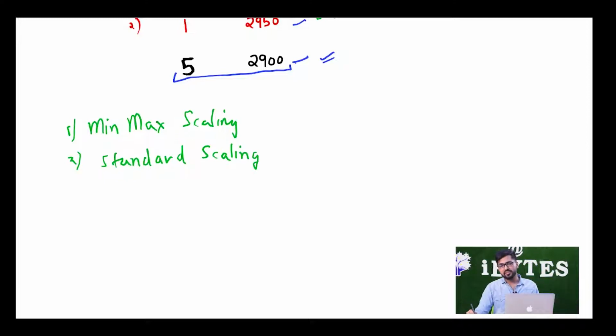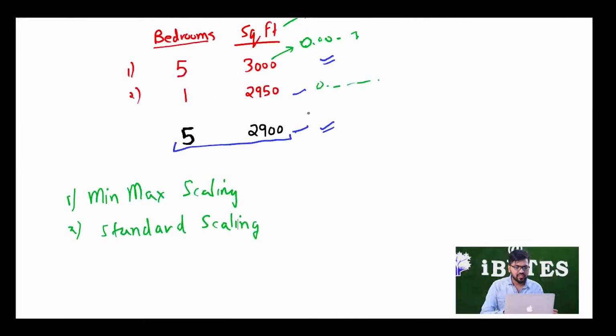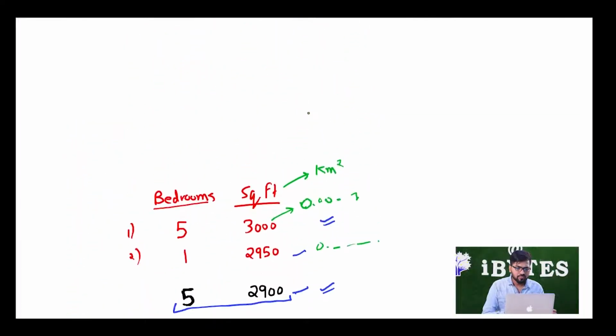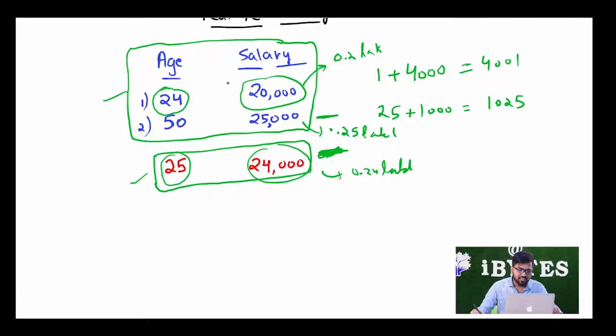So what is min-max scaling? Min-max scaling says to choose a minimum and maximum value for your features and then scale accordingly. Just taking an example, let's define a maximum and minimum value.